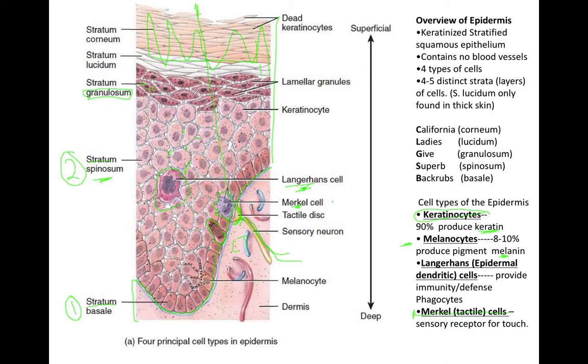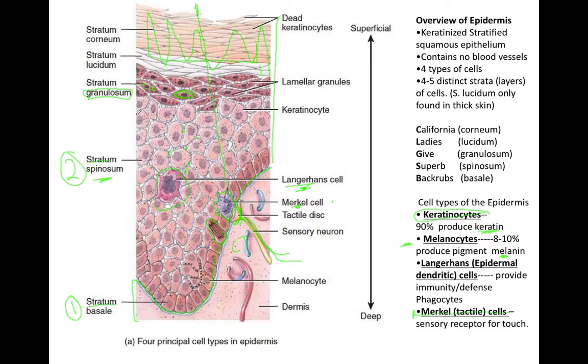What's happening is the cytoplasm of these keratinocytes is filling up with that protein keratin. The other organelles have no room. The cell can no longer function. So these keratinocytes start dying.